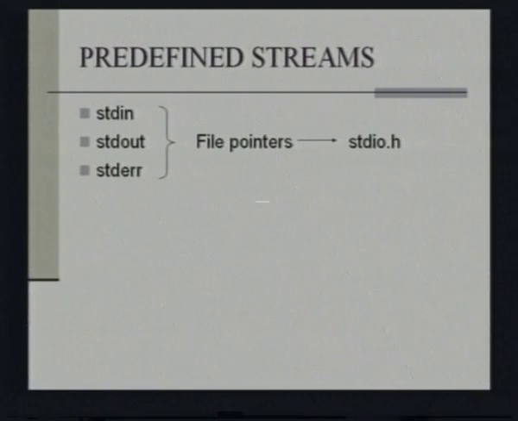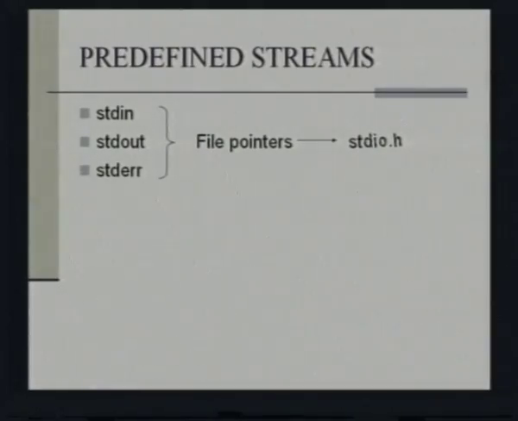All these are actually pointers which point to the file stdio.h. That is why we use the stdio.h header file in each C program, because this file contains all the definitions, meanings and all the other information necessary for the normal execution of a C program.